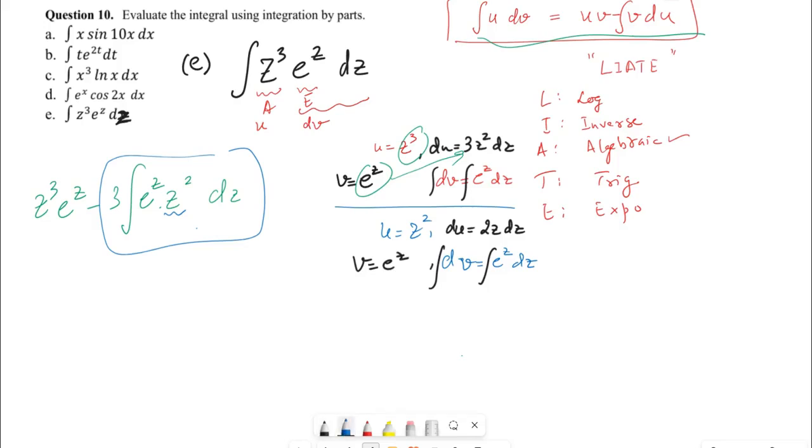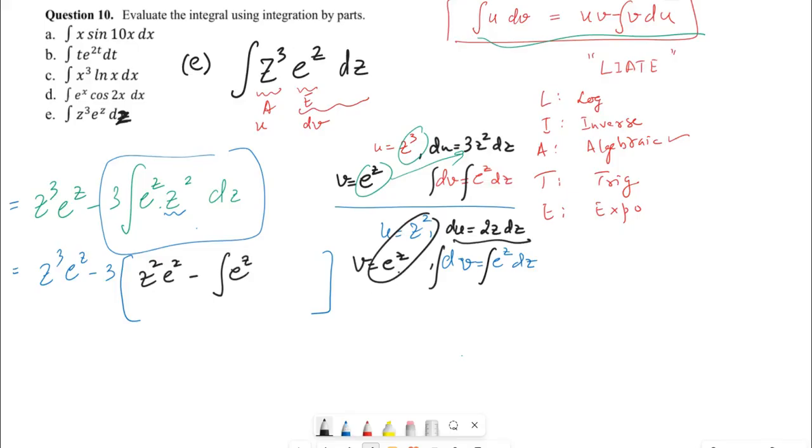So let's expand it again. z cubed e^z minus 3 times, this can be opened as uv, z squared e^z minus integral v du. 2 comes out, z. So when I open the parenthesis, z cubed e^z minus 3 multiplies inside, 3z squared e^z, negative negative plus 6 integral e^z z dz.